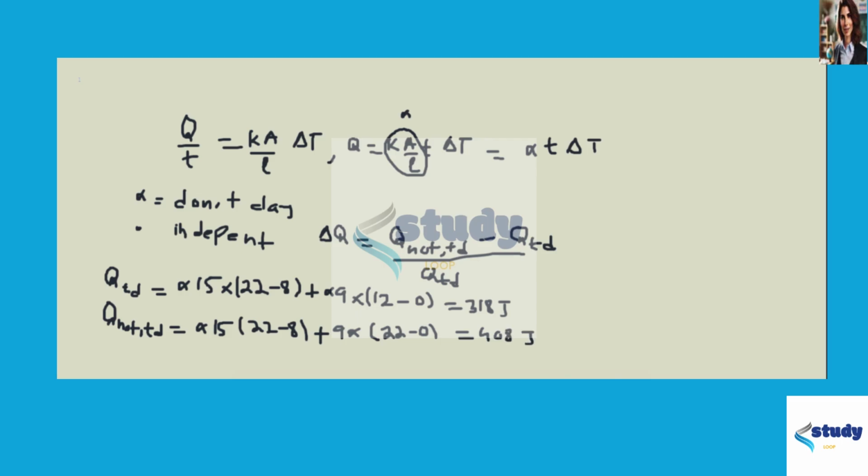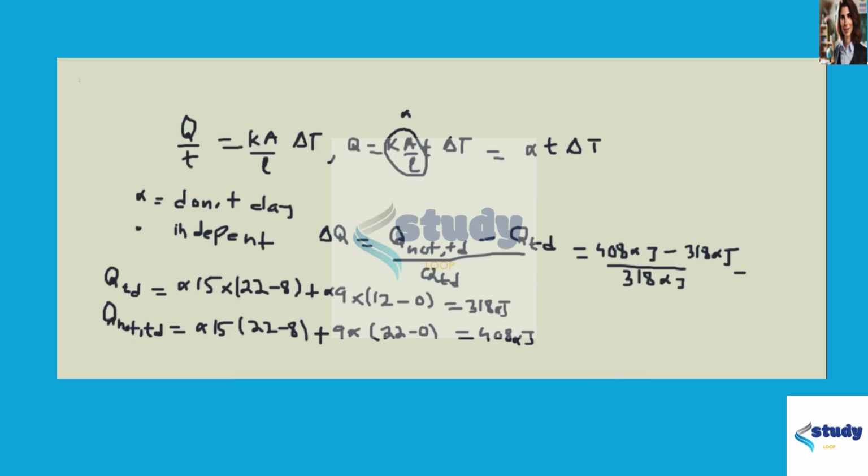Then we can plug these values into the above equation. For not turning down, we have 408 alpha joules. Here I skipped the alpha, but here we have alpha, and here we have alpha also. So 408 alpha joules minus 318 alpha joules, divided by QTD, which is 318 alpha joules.